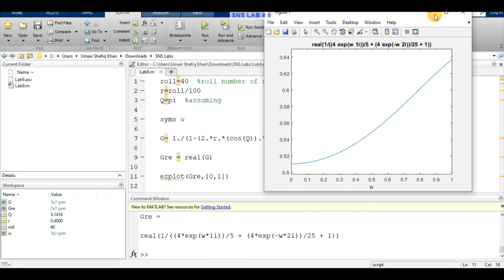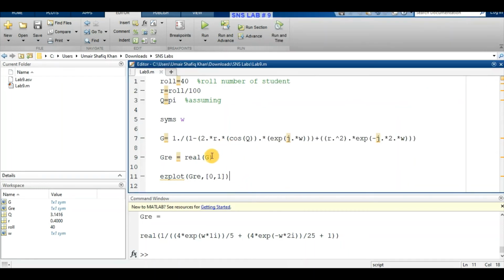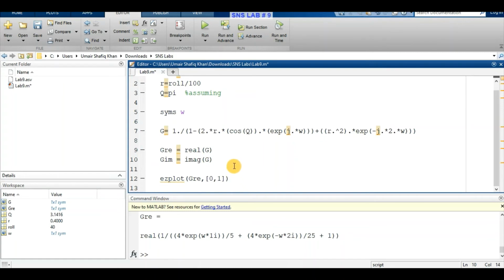Similarly, we can plot the imaginary part of this signal. Let's say its name is GIM for imaginary, and the function used is imaginary of G. Then for magnitude, the absolute function will be used, and for the phase, the angle function will be used.